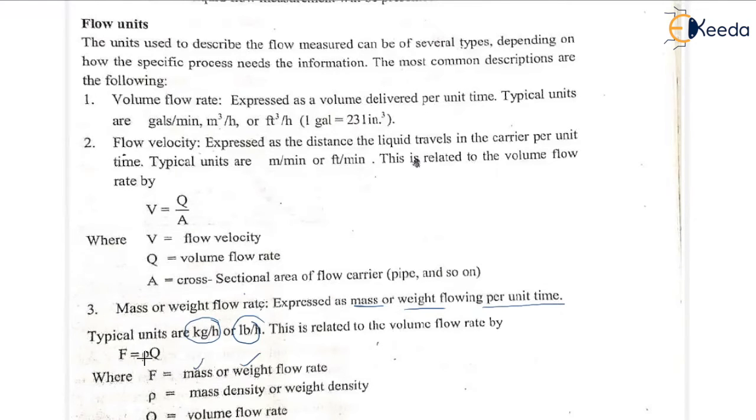Rho is the mass density or weight density, and Q is the volume flow rate.